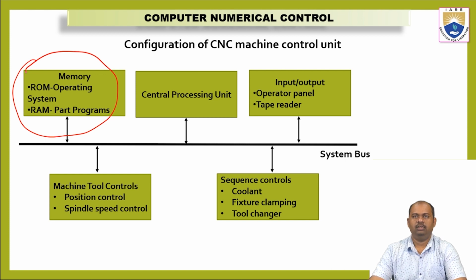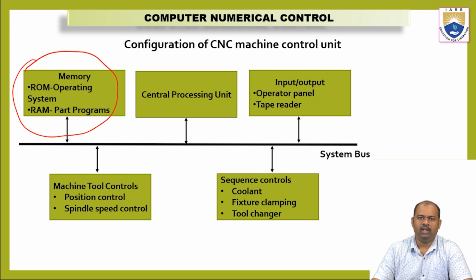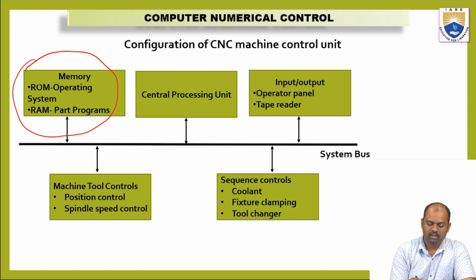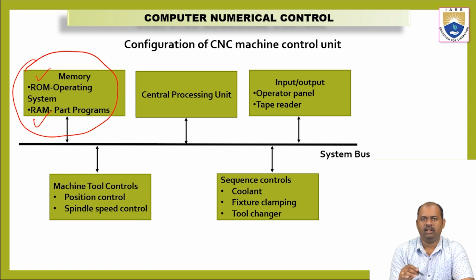So the memory of the CNC machine controls will have important parts like ROM and RAM. We already know what is ROM and RAM. ROM is read-only memory, and RAM is random access memory. The ROM will contain all the operating system required for running the entire computer, and RAM will contain the part programs.